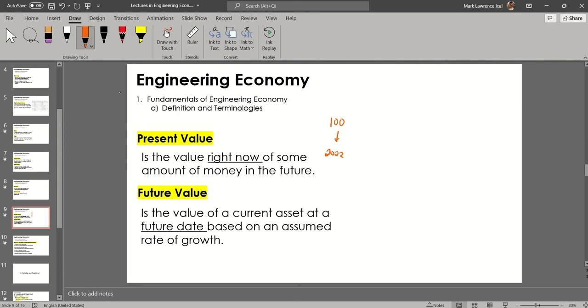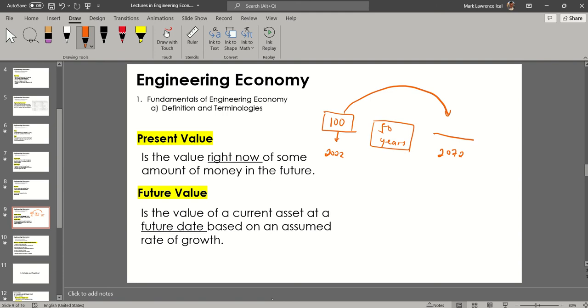And we're asking the question, what is the future value of your money 50 years from now, which is 2072? What is the value after 50 years? So if you invested 100 pesos today, that's the question.